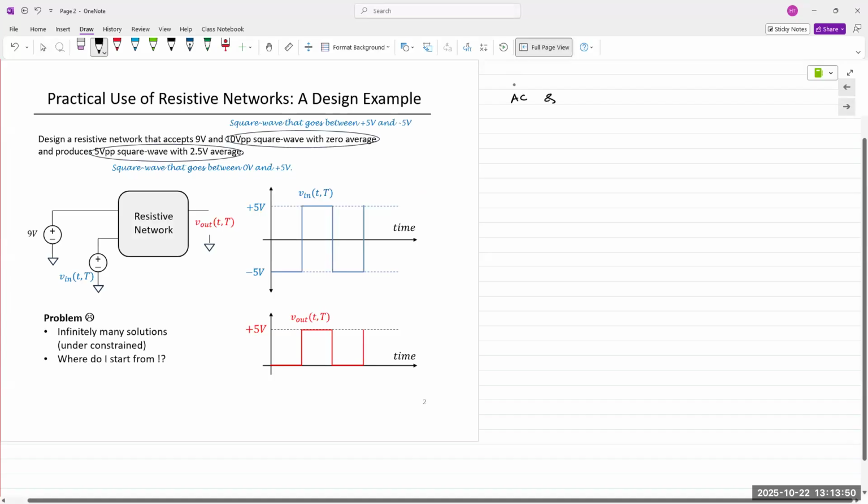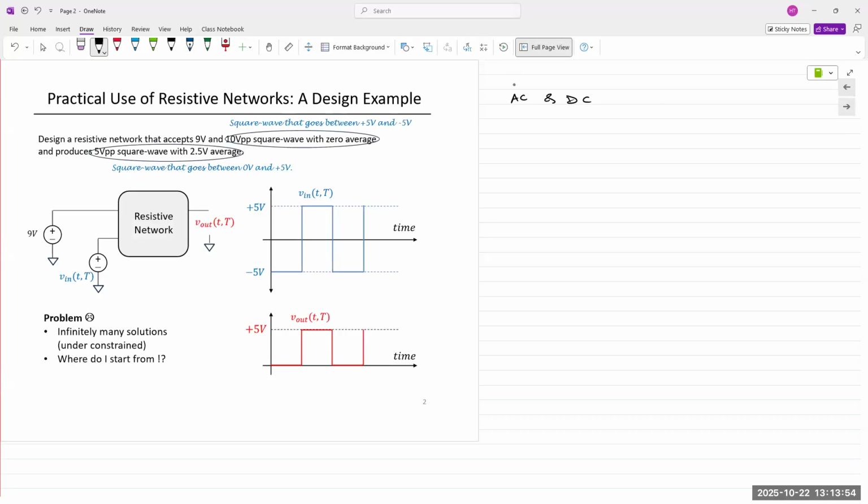You're familiar with AC and DC. We spoke about this at the beginning of our course. DC is a constant value of either the voltage or the current with respect to time. AC is if the voltage or current changes its value with respect to time. More often than not, AC is represented as V of t and I of t.